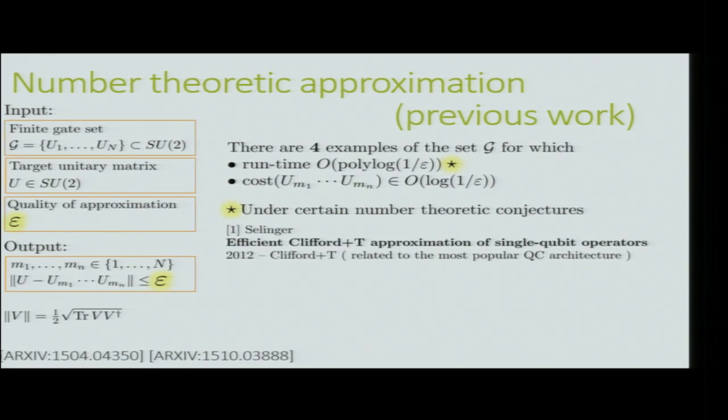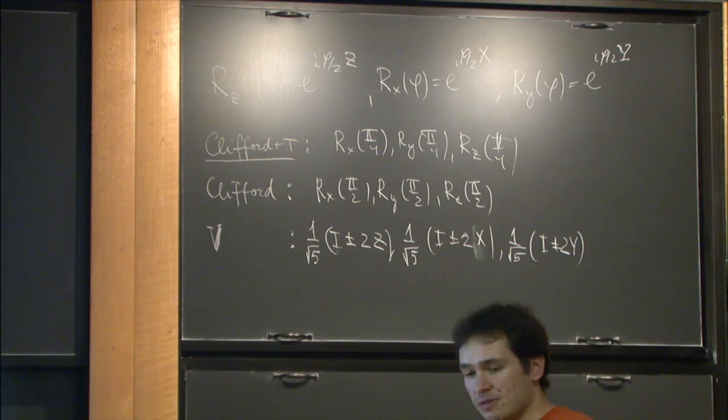Right, so these are pretty recent results coming from quantum computing. The first one is from 2012. When I write Clifford plus T, it's just a name used in our community. This set G contains the x and y rotation by pi over 4, where, for example, the z rotation by angle phi is just the exponent of Pauli z, phi over 2.